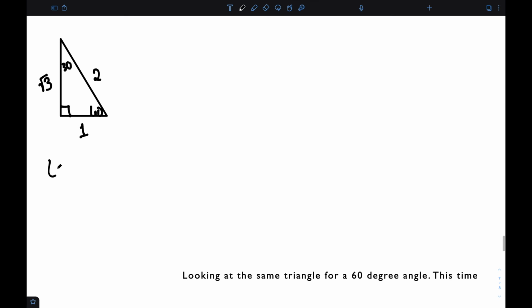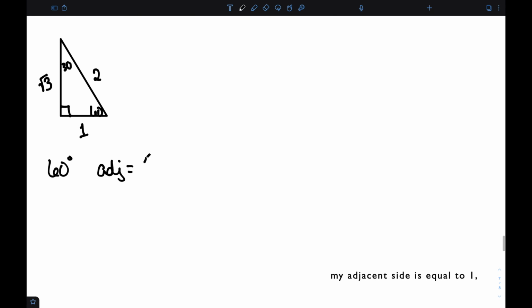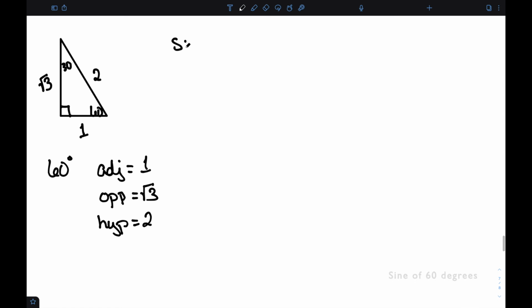Looking at my same triangle for 60-degree angle, this time my adjacent side is equal to 1. The opposite side is equal to the square root of 3. And the hypotenuse is equal to 2. So sine of 60 degrees.